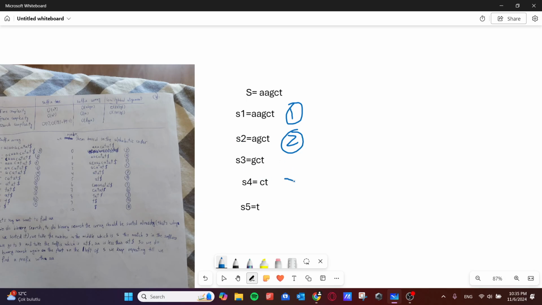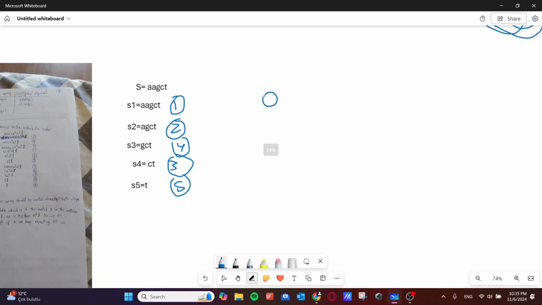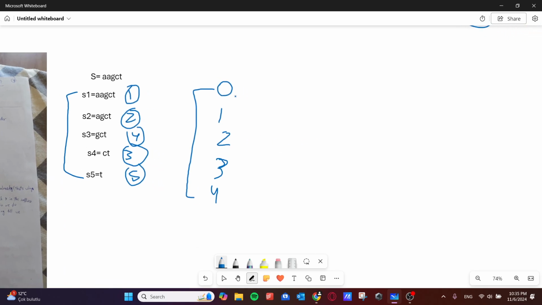Then we have C, then G, then T. Now we will put the numbers 0, 1, 2, 3, 4.